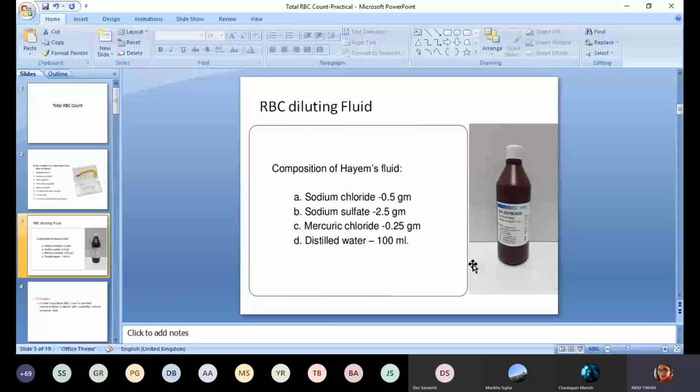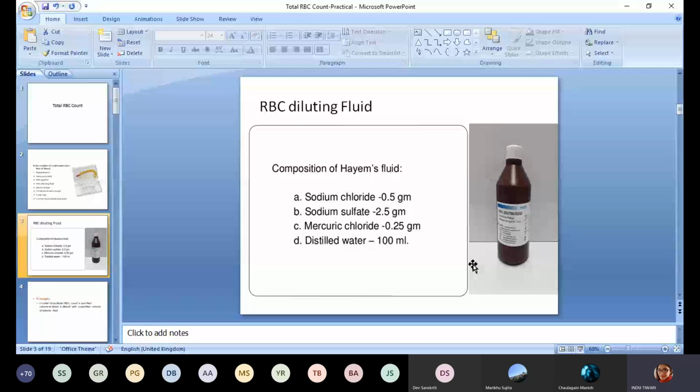If we look at the composition of Hayem's fluid, which is another name for the RBC diluting fluid, and this should be kept in mind, it consists of sodium chloride 0.5 grams, sodium sulfate 2.5 grams, and mercuric chloride 0.25 grams, all dissolved in 100 milliliters of distilled water.